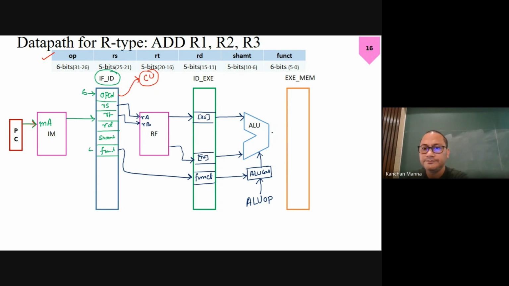So then we'll add this value, and the value would be available here, right? Now the question is, if the value is available here, can we directly give it from here? What do you think? Why?